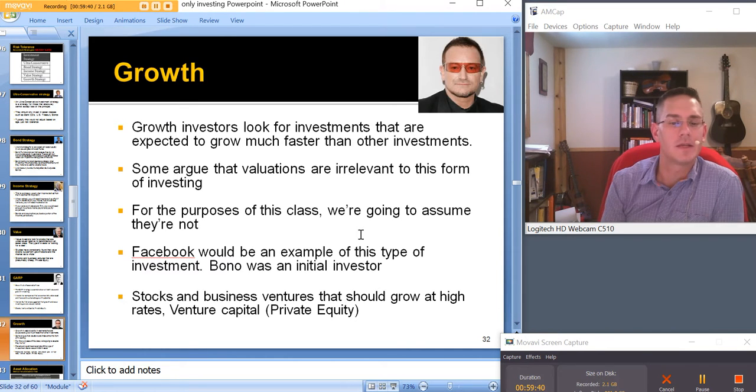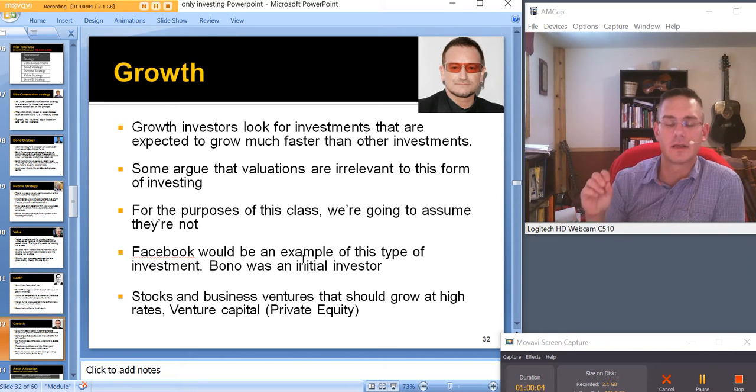Now, Facebook would have been an example of a growth investment 10 years ago or 8 years ago when they first came out. And before they started trading on the public markets, Bono from U2 was actually an initial investor. Their purpose there is to invest, typically venture capitalists or people like Bono who invest in companies like that.